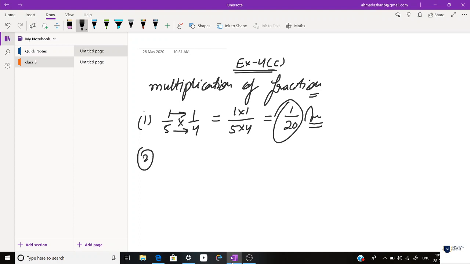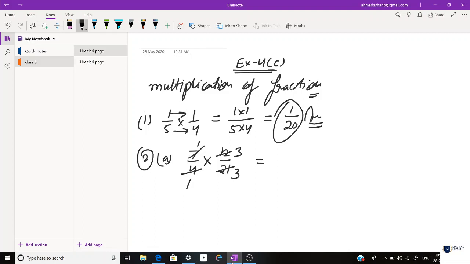Question 2 part A says 7 upon 4 multiply 12 upon 21. If any number we can reduce diagonally, means in cross, we can reduce any number. For example, 4 ones are 4, 4 threes are 12, and 7 ones are 7, 7 twos are 14, 7 threes are 21.